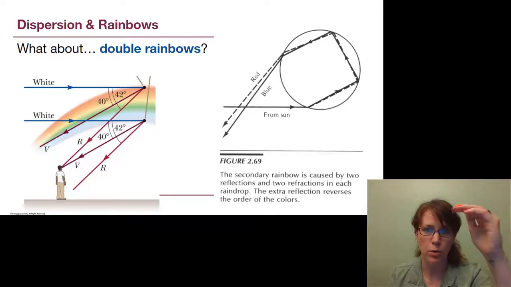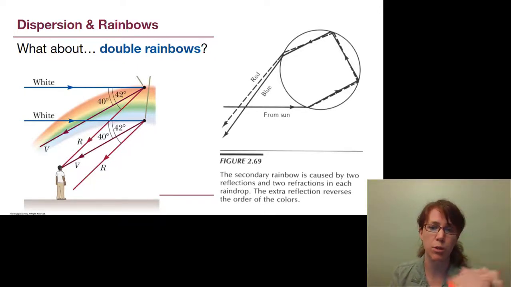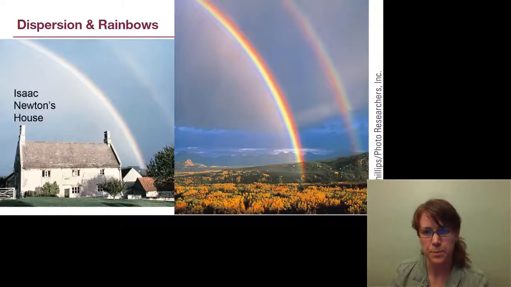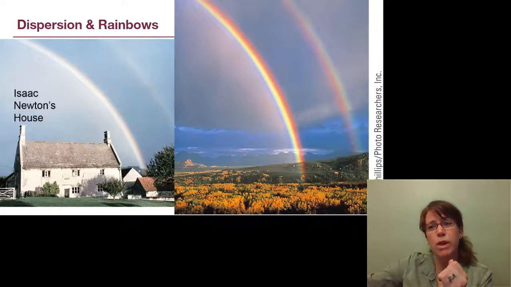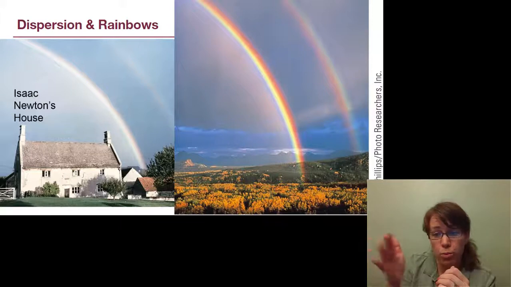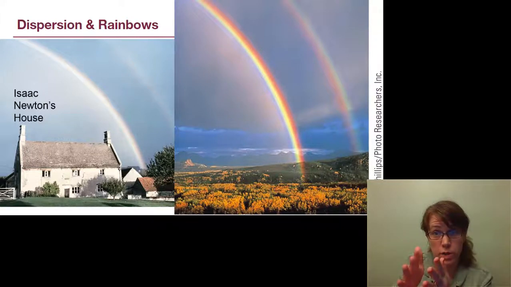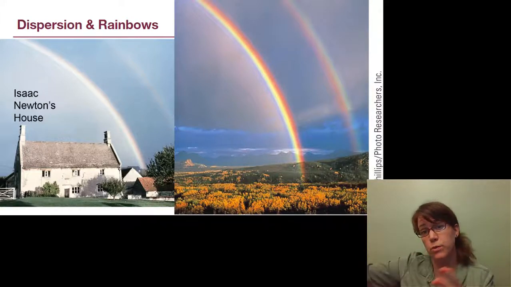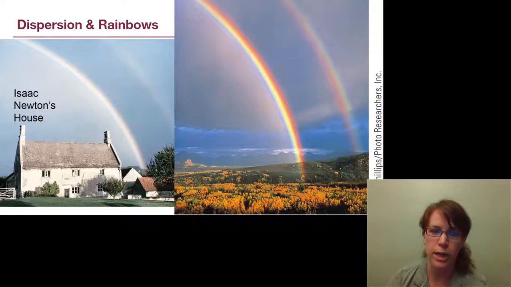We see that red's highest and blue is lowest. For the double rainbow, we're actually going to get the opposite. And so what we end up with is that secondary rainbow. The red is closest to the red, and the blue is furthest away, kind of on both outer edges.